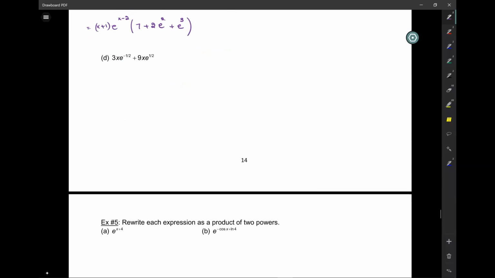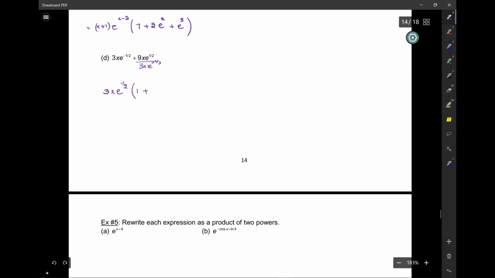Okay. All right. So here we go. I'm going to factor out a 3, an x, and an e to the what? Negative 1/2. So from the first term, what do I have left? A 1. Plus. Now remember, we're dividing by 3x e to the negative 1/2.